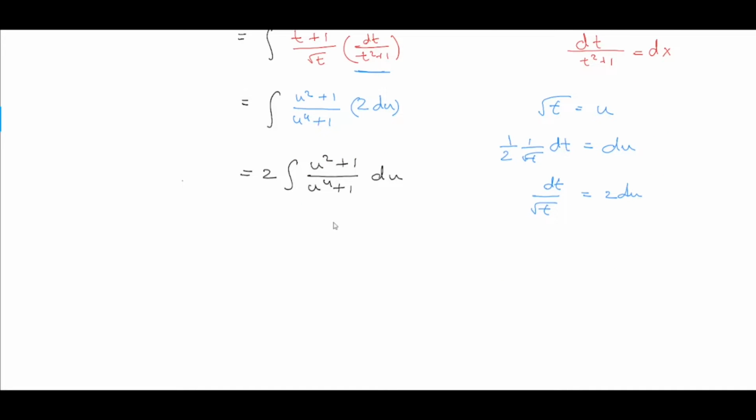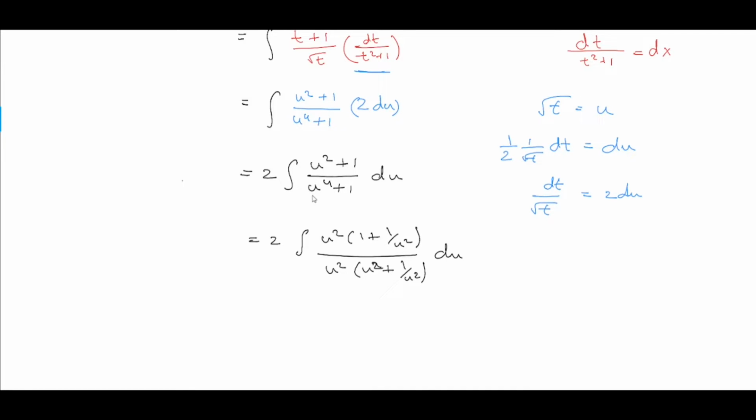This seems like a substitution would help us if we do it the right way. What I'm going to do here is take u square common. So I'm going to have 1 plus 1 by u square, over u square times u square plus 1 by u square. And why am I doing this? Because I can take a substitution right here.